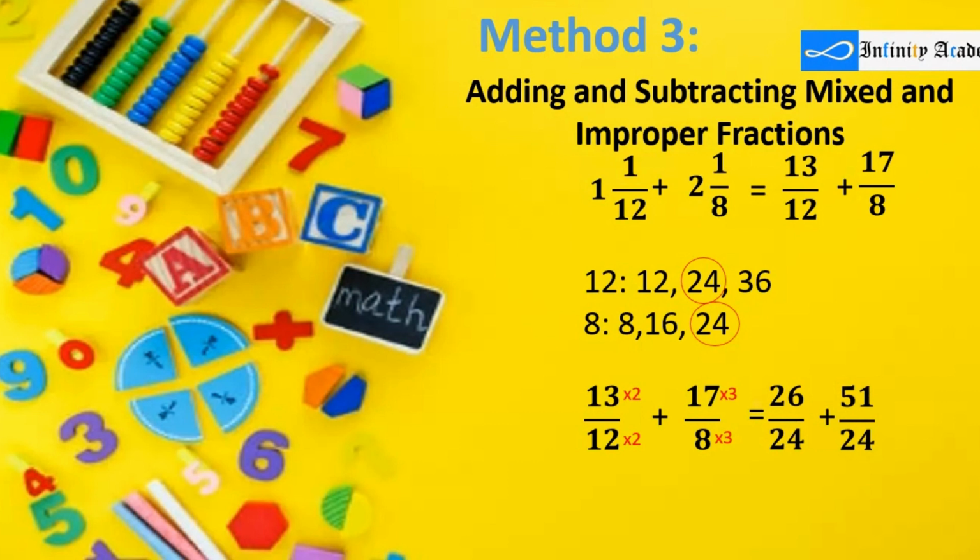Now let's add these fractions. 26 plus 51 divided by 24, that is 51 plus 26 gives us 77 and the denominator is same, that is 24. As you can see, the numerator is larger than the denominator, so we call it an improper fraction. Converting improper fraction into mixed number, we will get 3 whole 5 by 24.